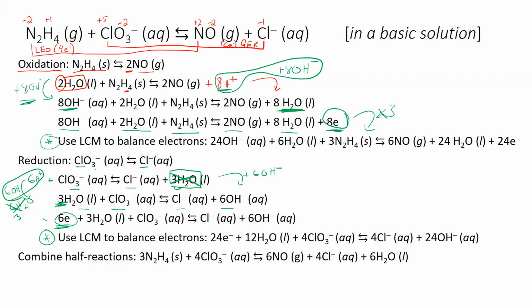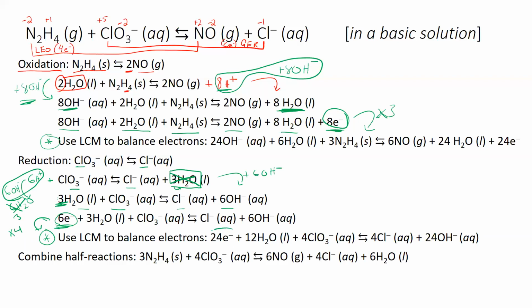And we can multiply the reduction half reaction by 4 to get to 24. Right, so we multiply that one by 4, we get to 24 electrons.